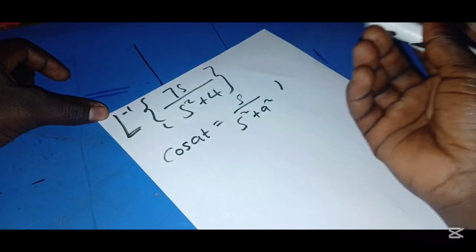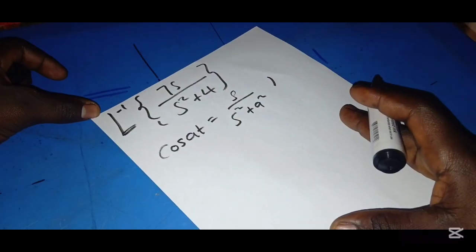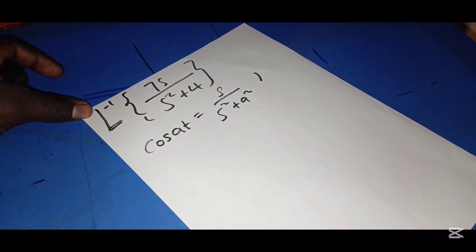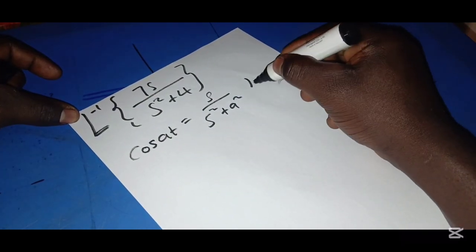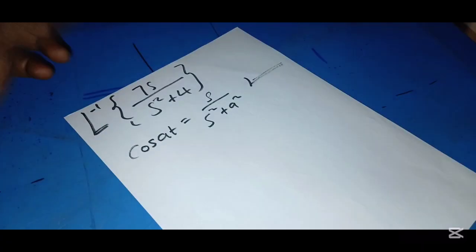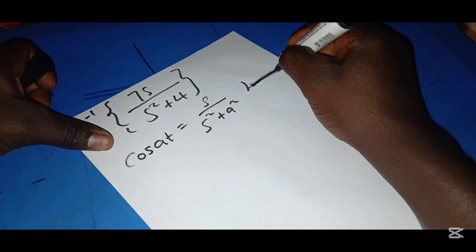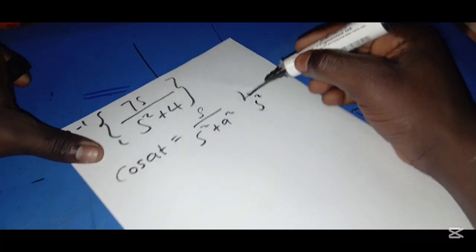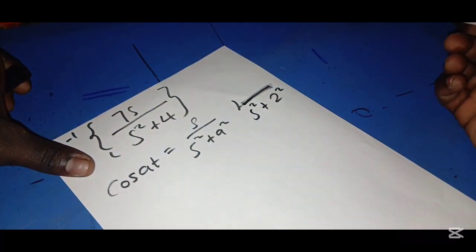But if we don't want to just guess that way, we can still find a way of doing that. So let's work with our denominator first. This denominator can also be written as s squared plus 2 squared, right? Okay, now I'm done.